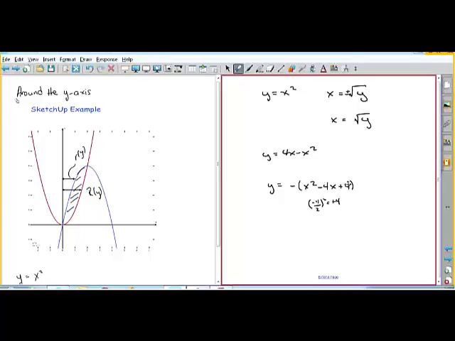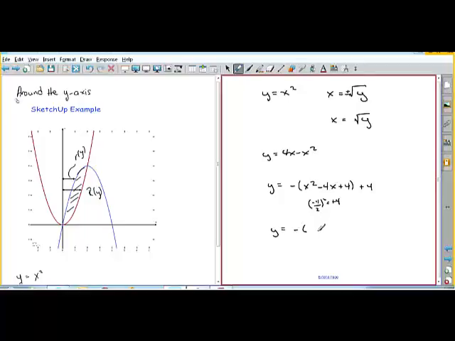So we add 4 there, and since we're adding 4 here, we're really subtracting 4 from the equation, so we have to add 4 back in. If we multiplied this out, you'd get negative x squared, positive 4x, negative 4, and then plus 4, and the negative 4 and the plus 4 cancel out. So we know that's correct.